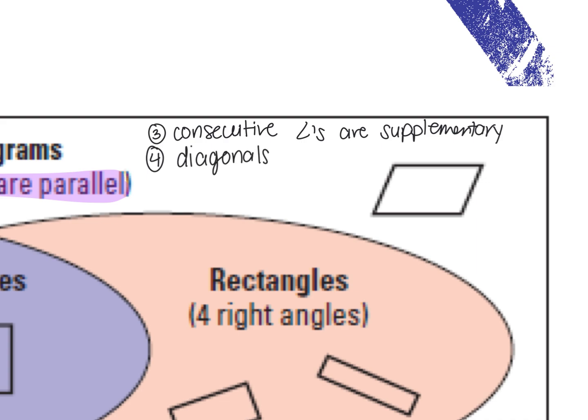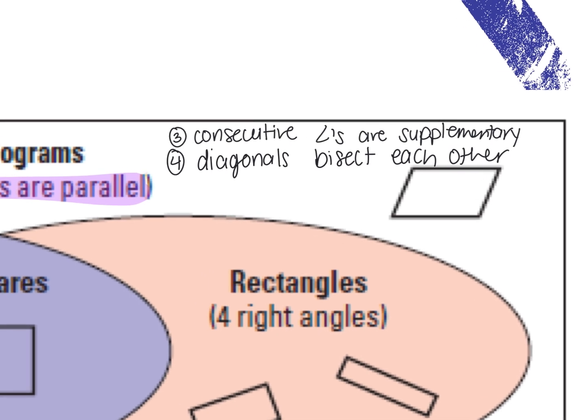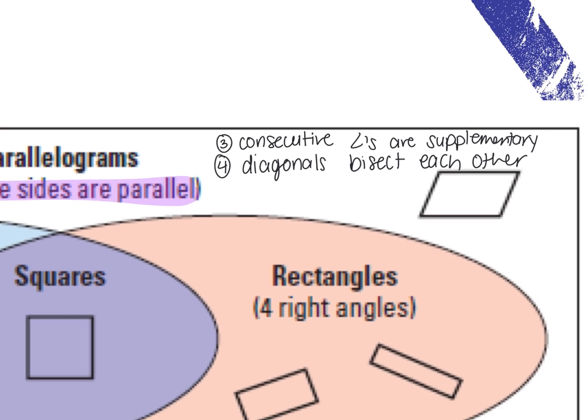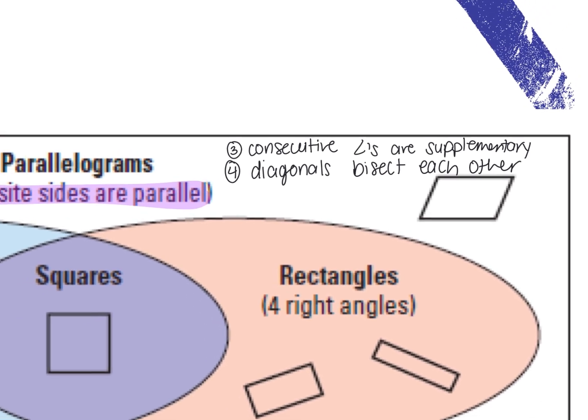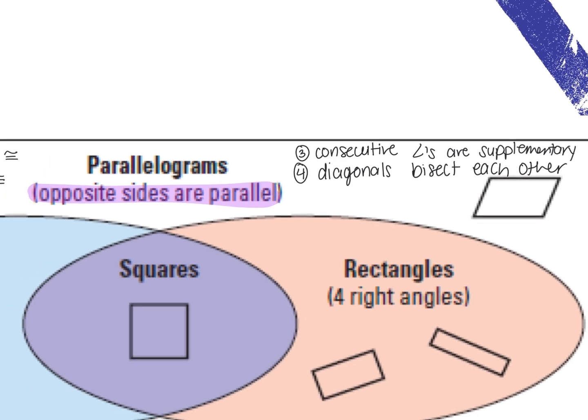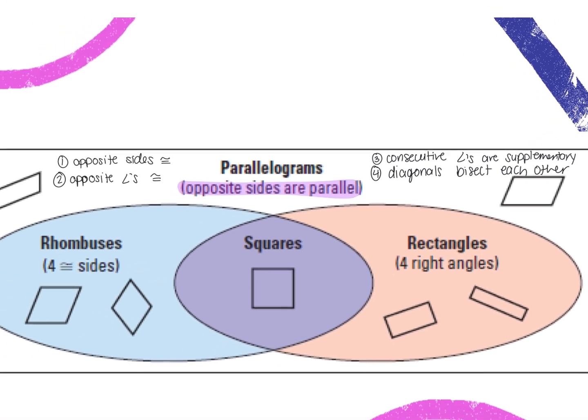Intersect. Yes, they do, but how do they intersect? They bisect. Your diagonals bisect each other. Okay, so do all 4 of these properties apply to rhombus, square, rectangle? Yes, they do. But then, like I said, they also have their own.